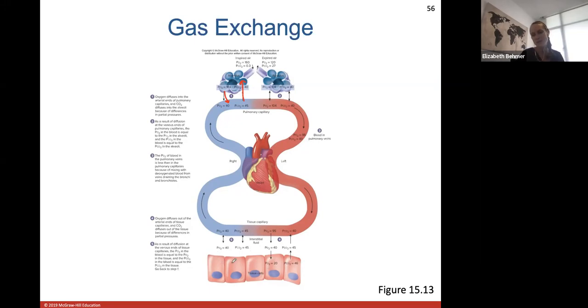At this level, your tissue cells will unload carbon dioxide back into this blood to be taken back to the lungs to be exhaled. So this is what gas exchange describes: carbon dioxide gets put into the blood at your tissue level and then gets offloaded in your air sacs. Oxygen gets loaded in your lungs and then offloaded at your tissue level so that your tissues and cells can use that oxygen.